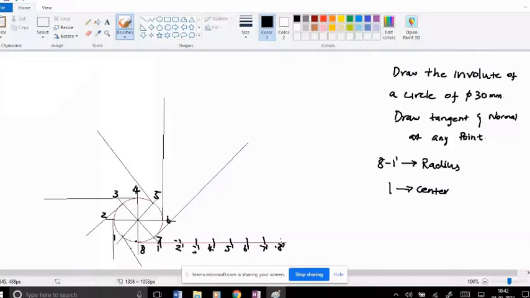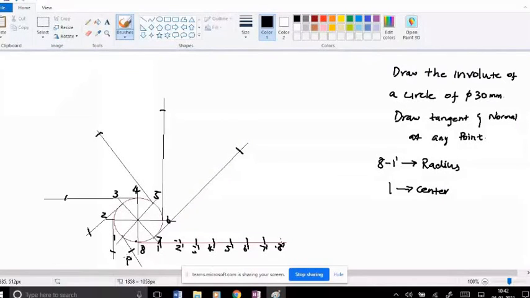And similarly, 8 to 2 dash is the radius. You need to make an arc on this particular line, and do something like this for the remaining points. And finally, the point 8 will come here. Okay, so you need to name these points.